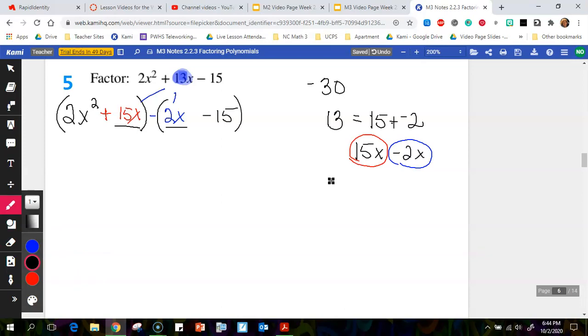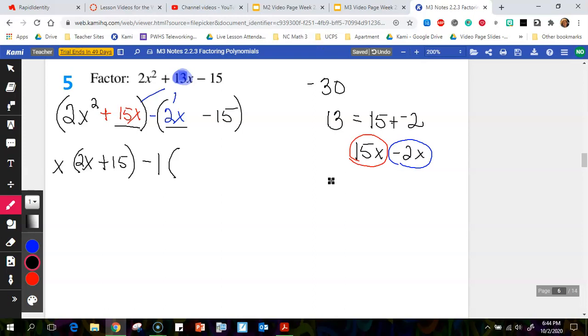Now I need to take the greatest common factor from each binomial. 2x squared and 15x. The only thing I can take out is an x. That's going to be 2x plus 15. Okay, so right here, I can't take out anything because there's nothing that these two terms have in common, but I can take out a negative 1.